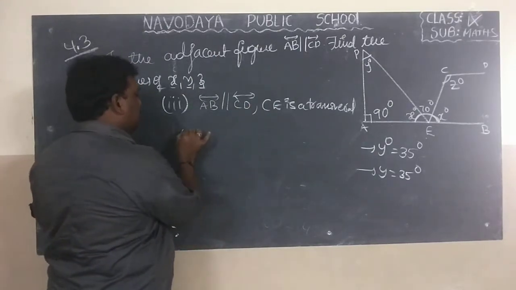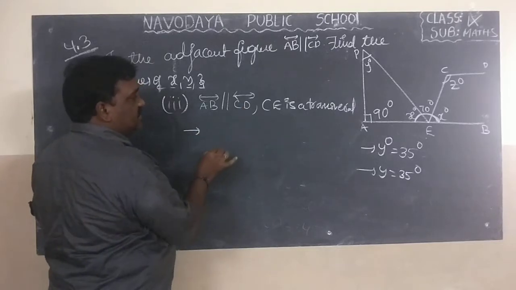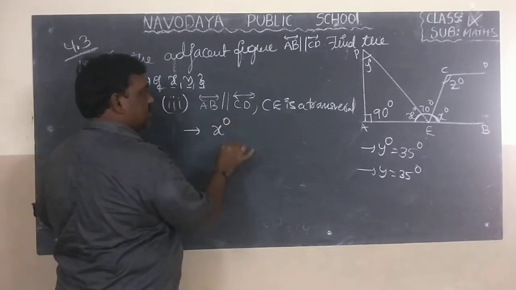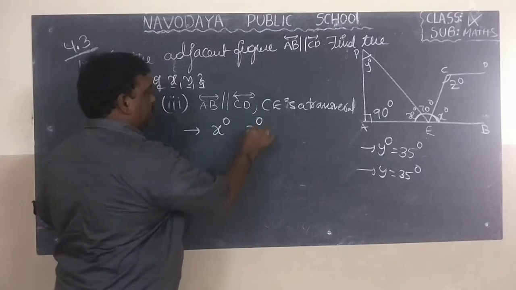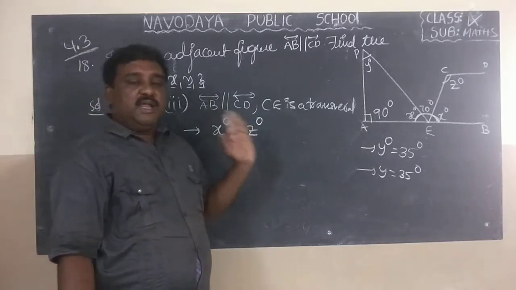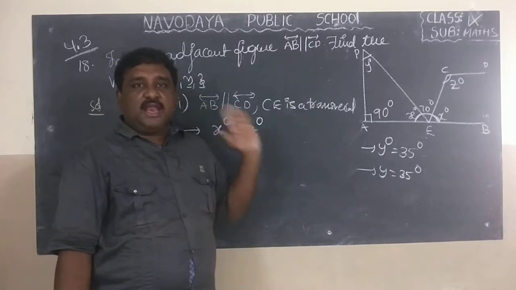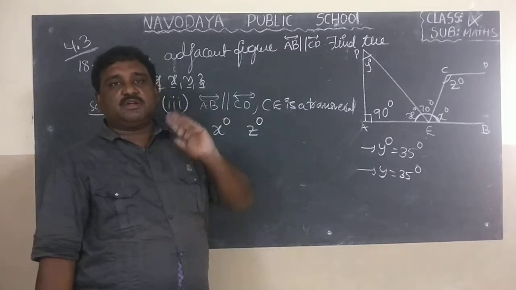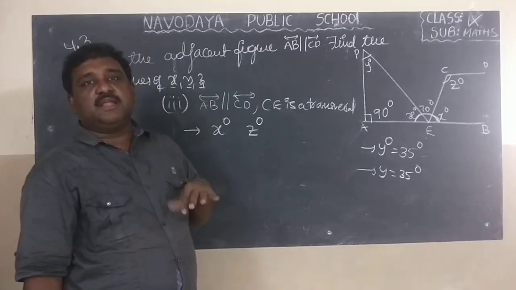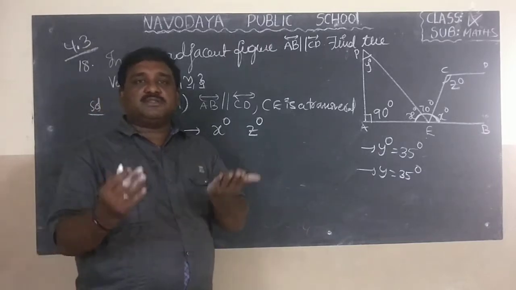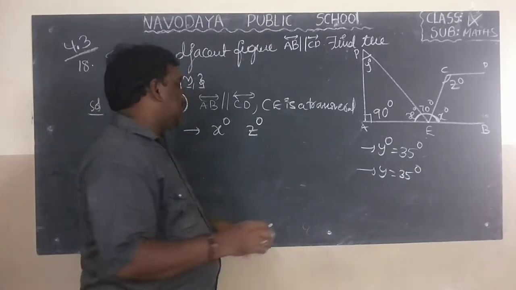Now see the angles. What are the angles? X degrees, Z degrees. X interior angle, Z interior angle. They lie on the same side of the transversal. Automatically they are supplementary because the lines are parallel to each other.